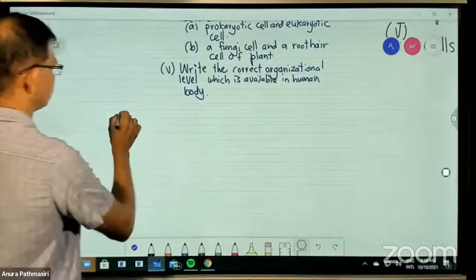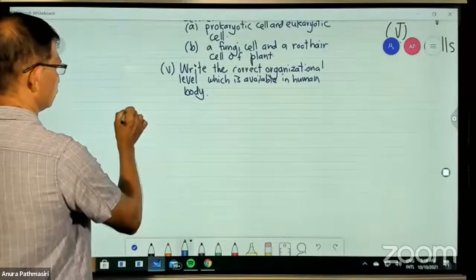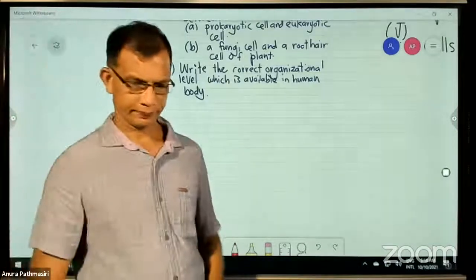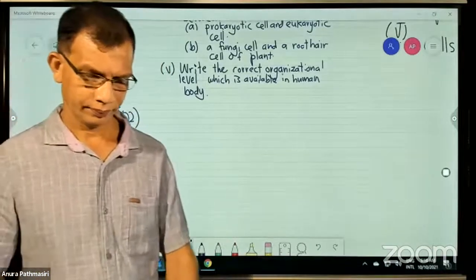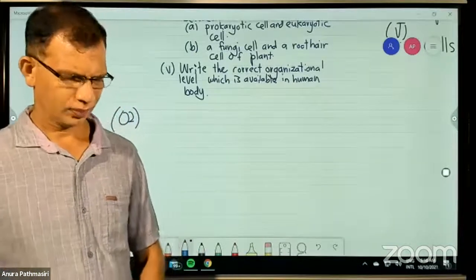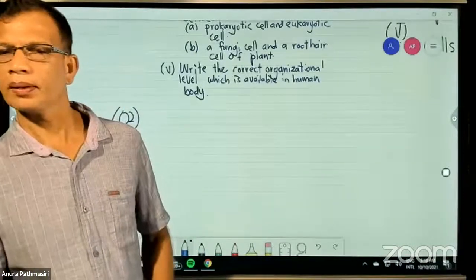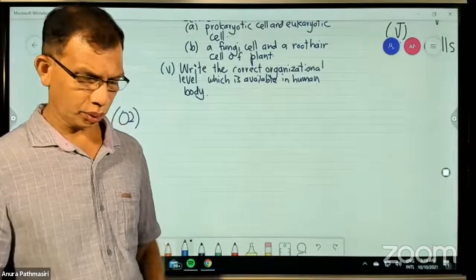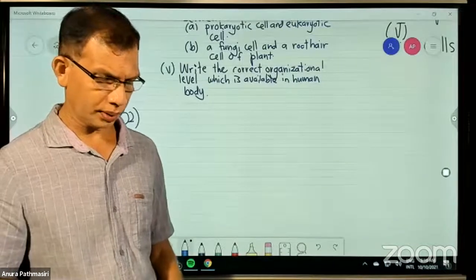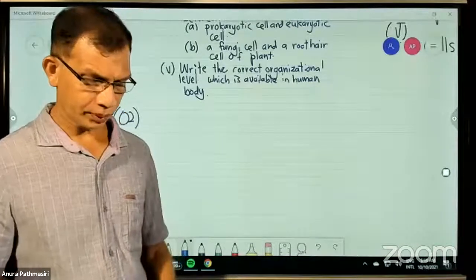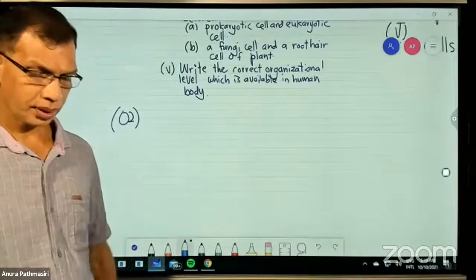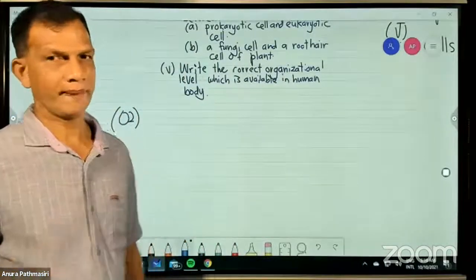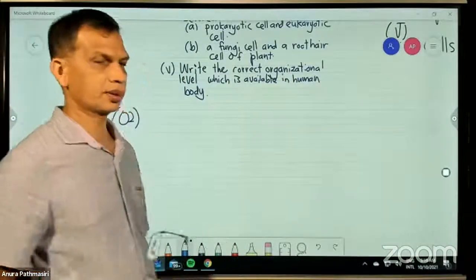Question number 2. A hard one or easy one? Same from the cellular organization, or shall I jump into the other one? I'm going to go with the same. Cellular organization.